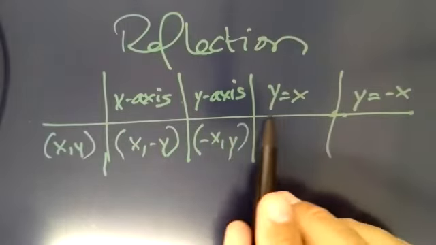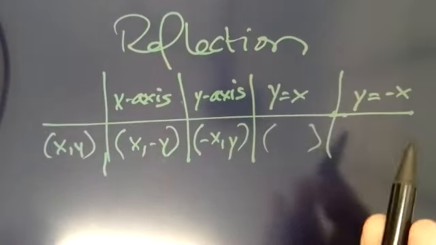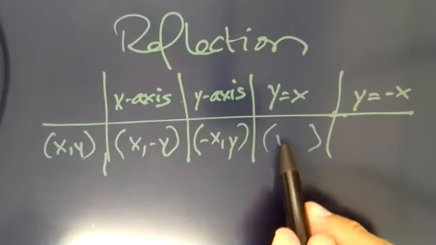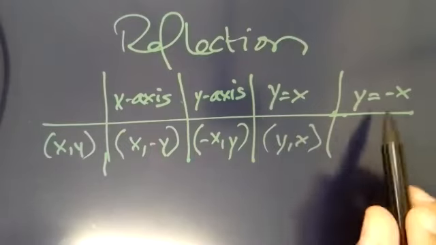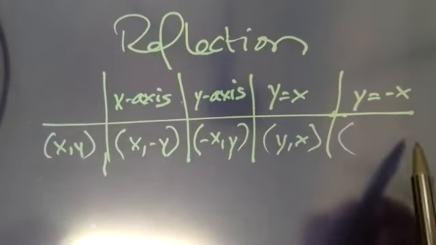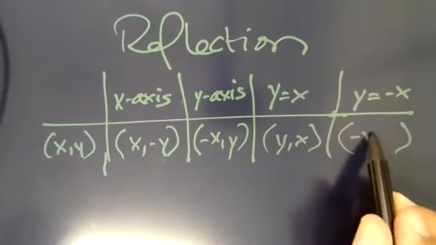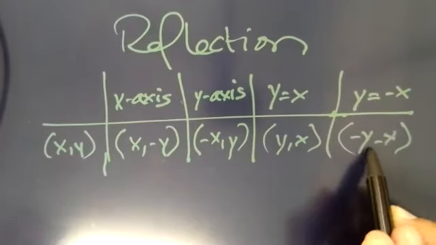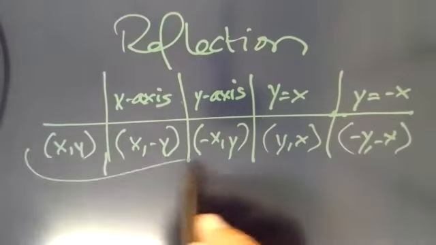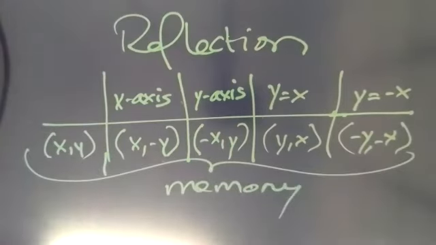If it's a reflection over y is equal to x, what is my new coordinate going to be? Y comma x. Good. And then the last one, if it's a reflection over y is equal to negative x, what's my new coordinate going to be? Negative y comma negative x. Very good. Guys, you should know this by memory.